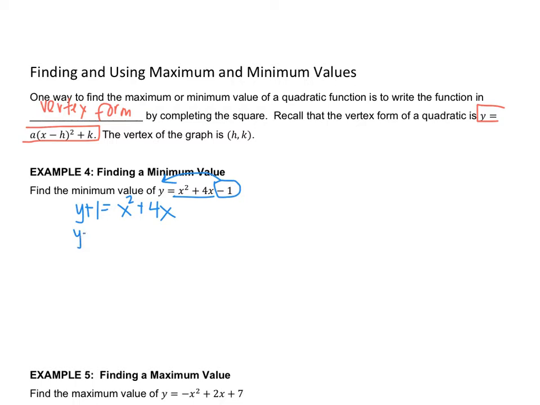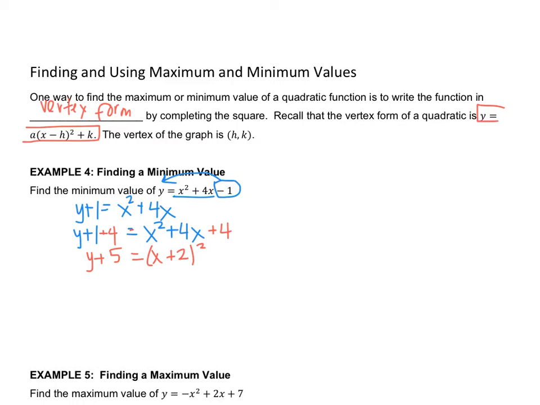So I'll get y plus 1 equals x squared plus 4x. And what I have to do is add 4 to both sides. Don't forget to add it to the left side as well. So this gives you y plus 5 equals, actually I should factor it now, it's just going to be x plus 2 squared.